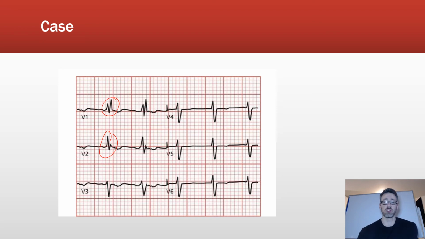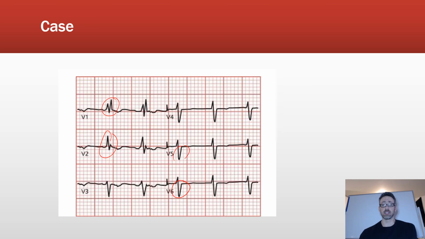And the S waves are quite deep in V5 and V6, and that's not typical, because usually the R wave gets larger as we go from V1 to V5 and V6, and the S wave is largest in V1 and gradually gets smaller as we get to V5, V6. But in this case, it's almost reversed. We have a very little R wave and very large S waves in V5 and V6. So you might have noticed that it's not a normal chest lead pattern.